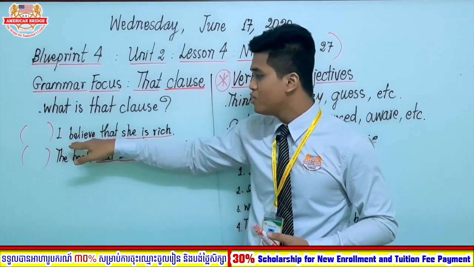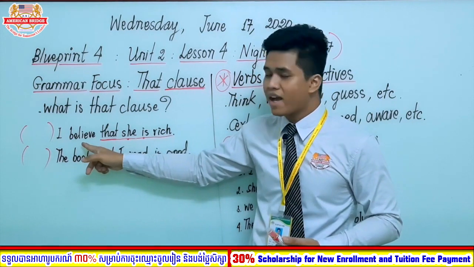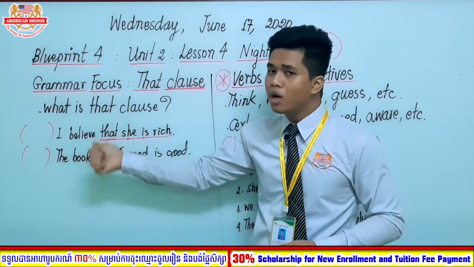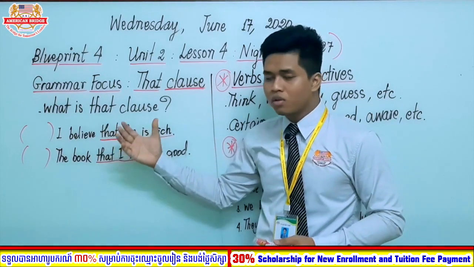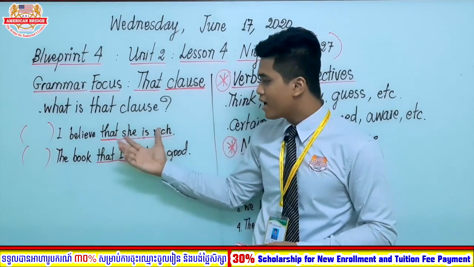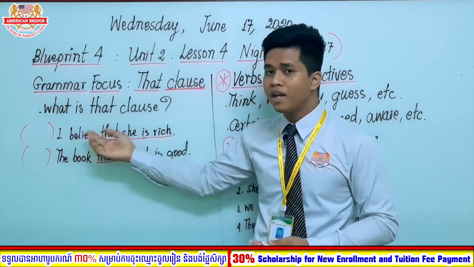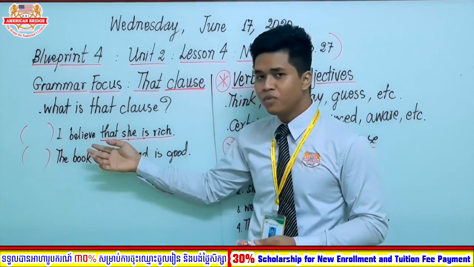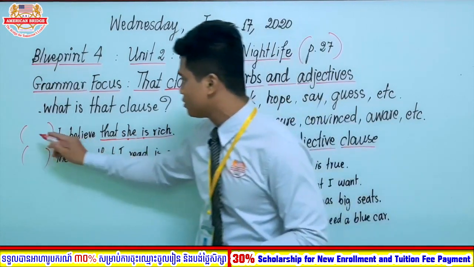If you see the word that standing in front of a verb or an adjective, it is a noun clause, because only a noun can stand before a verb and an adjective. So I believe, you believe what? So it is a noun clause.